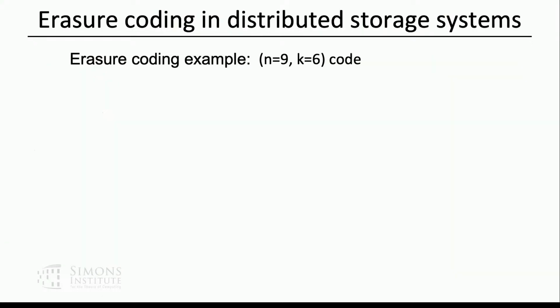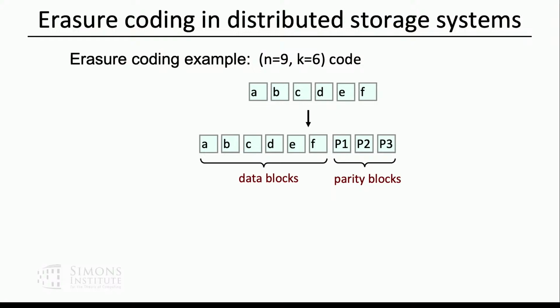Okay, so now let's take a step back and see how erasure coding gets used in distributed storage systems. I'll take the example of an n equal to 9, k equal to 6 code. Since k equals 6, we start with 6 data blocks. In these distributed file systems, data is often divided into chunks or blocks, and then you encode across these chunks or blocks.